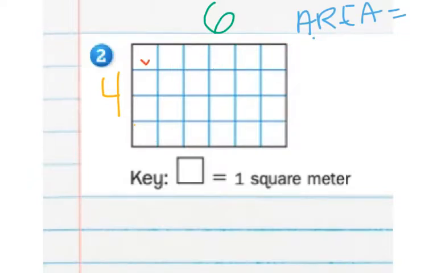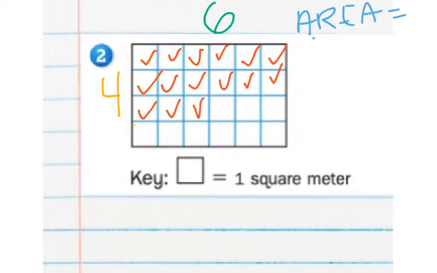And I could count it as 1, 2, 3, 4, 5, 6, 7, 8, 9, 10, 11, 12, 13, 14, 15, 16, 17, 18, 19, 20, 21, 22, 23, 24. So when I count the area, the inside, I get an answer of 24 squares.